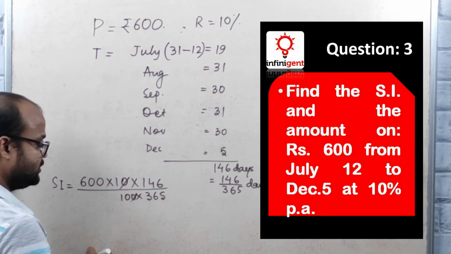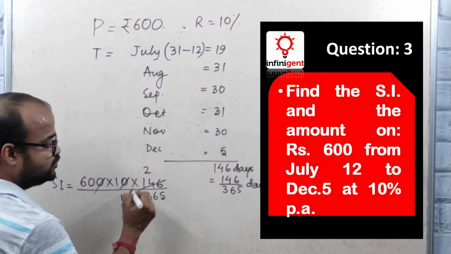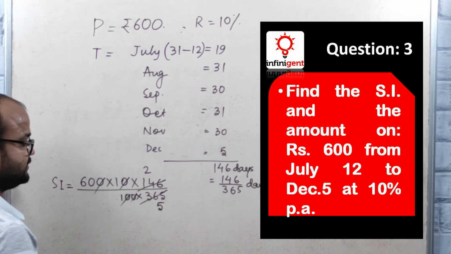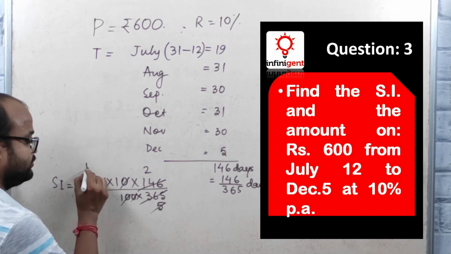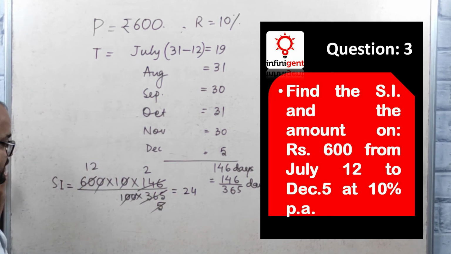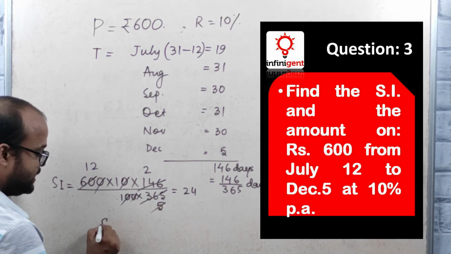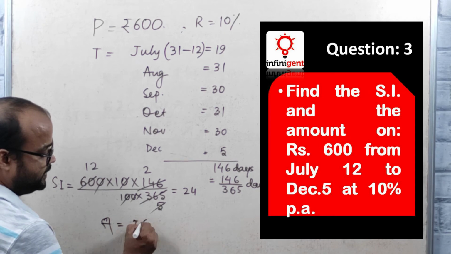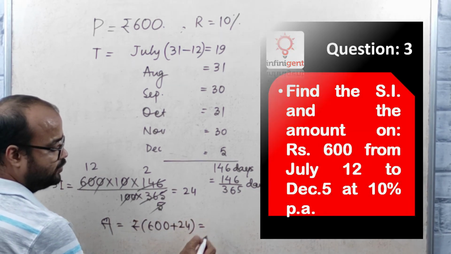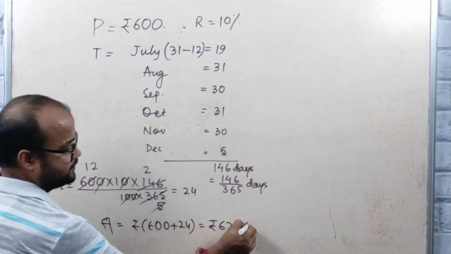So 10 10 cancel, 73 twos are 146, 73 fives are 365, 5 ones are 5, 12. So that is equal to 24 rupees. So SI is 24 rupees and amount is rupees 600 principal plus 24 interest. So we'll get rupees 624.